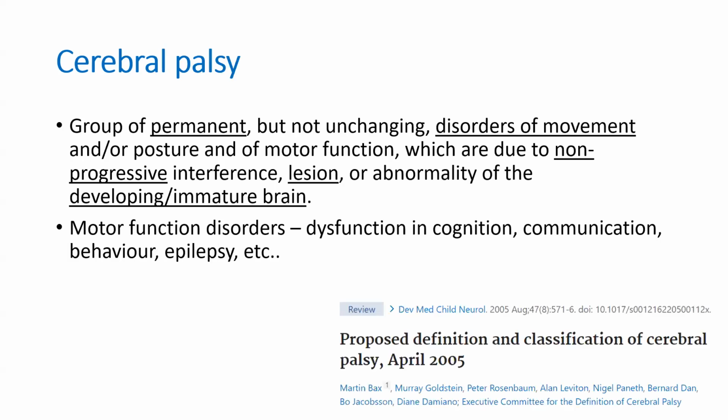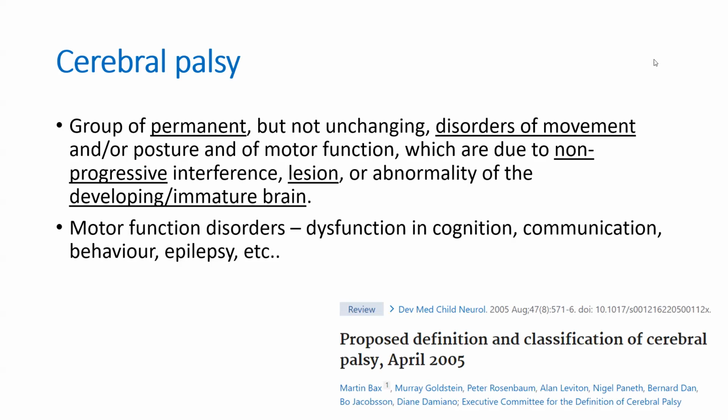So there are lots and lots of definitions of cerebral palsy. Everybody chooses their own, but essentially they're a group of permanent but not unchanging disorders of movement and or posture and of motor function which are due to non-progressive lesion or abnormality of the developing or immature brain.